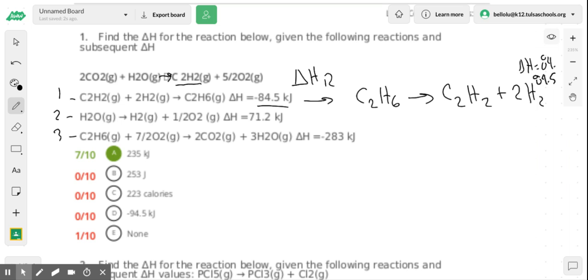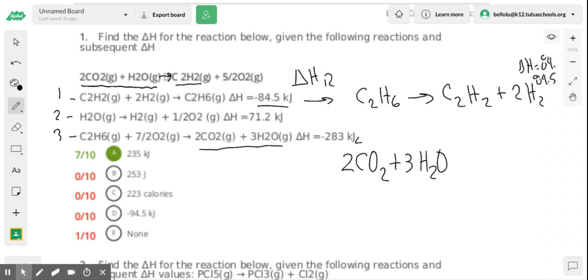The next one, let me skip number two for a moment. I'm going back to number two in a moment. But on this one, we need to have carbon dioxide and water as reactants. So I need to also flip the reaction. So carbon dioxide and 3 water should be on the reactant side, because in the reaction we are finding the enthalpy of, they have carbon dioxide and water.